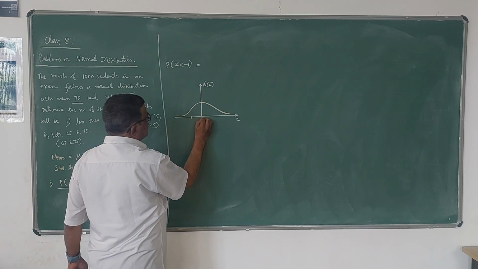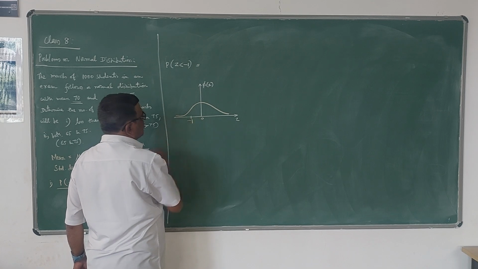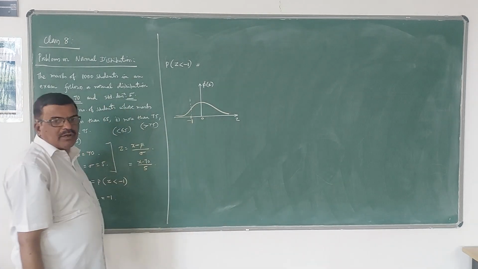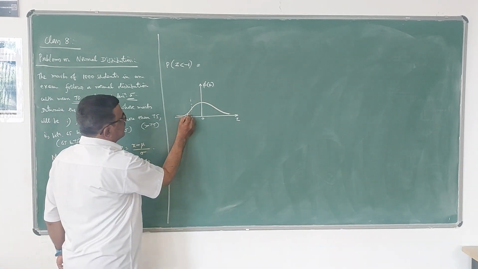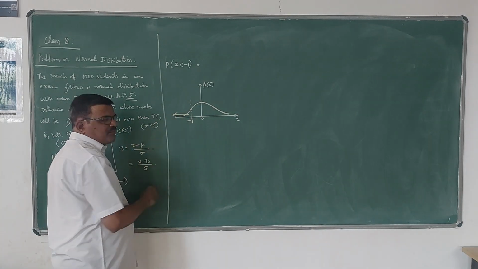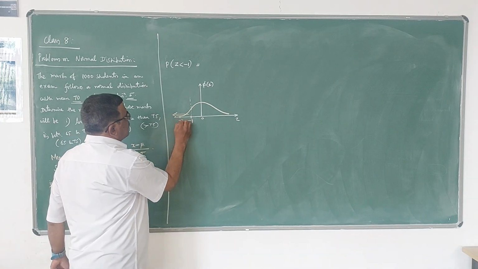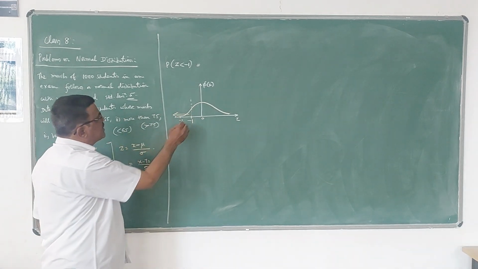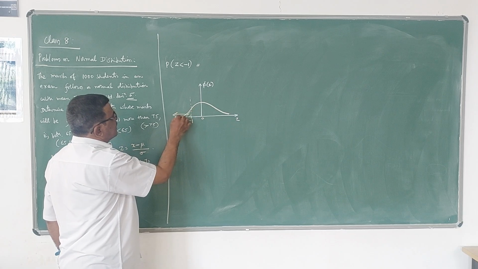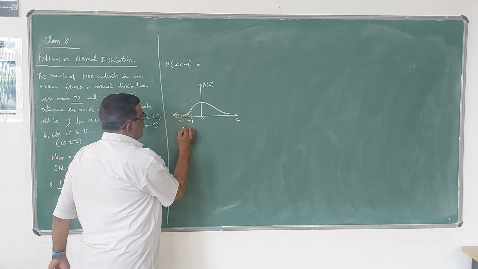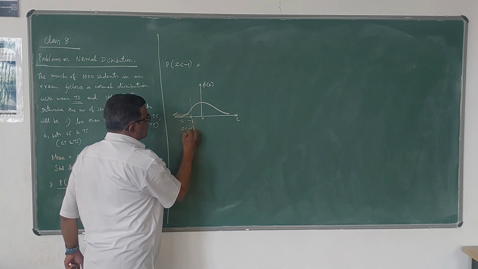Minus 1 means it is here. This is 0. Less than minus 1 means it is in this region. So this region is required, that is P of z less than minus 1.